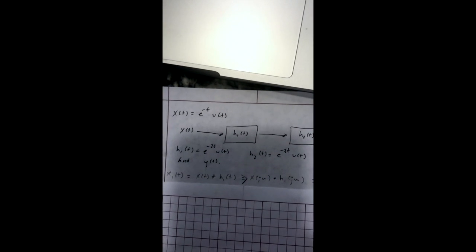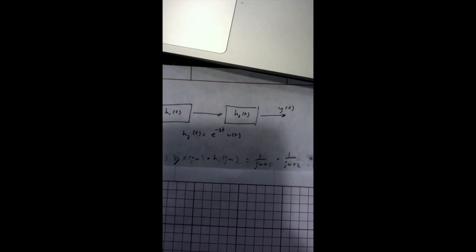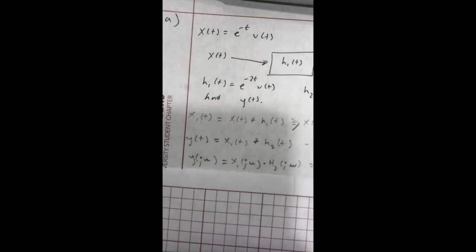Now realize that shifting it in the time domain just means you're convolving it in the time domain. So this means that you're going to have to multiply it in the frequency domain. So this is just simply multiplying the Fourier transform of h2 of t by your expression.